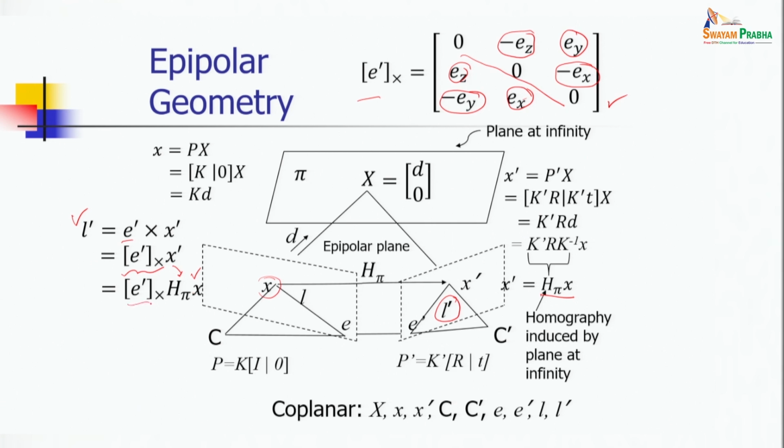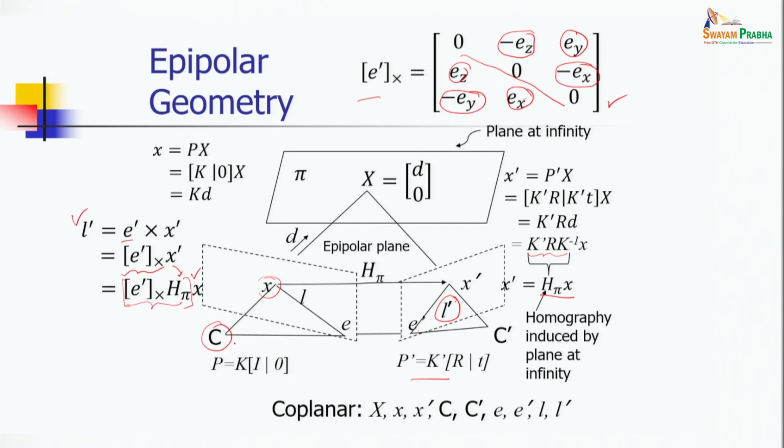They are related because these are all obtained from these configurations, as you can see. So h pi is also k prime r k inverse. They are totally the parameters of the camera. So this is the h pi, and E prime, we will see later on how E prime is obtained. E prime also can be obtained from here because E prime is the image of this camera center.